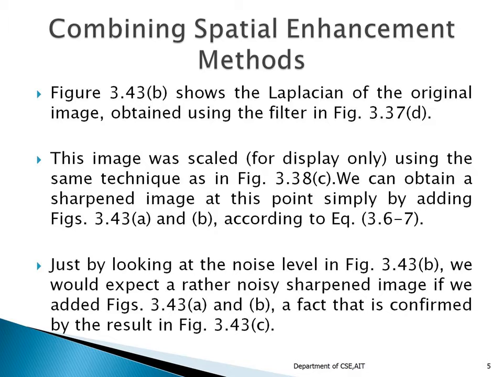But we are going to obtain a sharpened image here, because we are going to add A and B according to equation 3.6.7 that we have just learned for the Laplacian. You can look at the noise level over here in figure B. Though we were expecting a very noisy sharpened image, after adding A and B, we can see that the result in C is better.